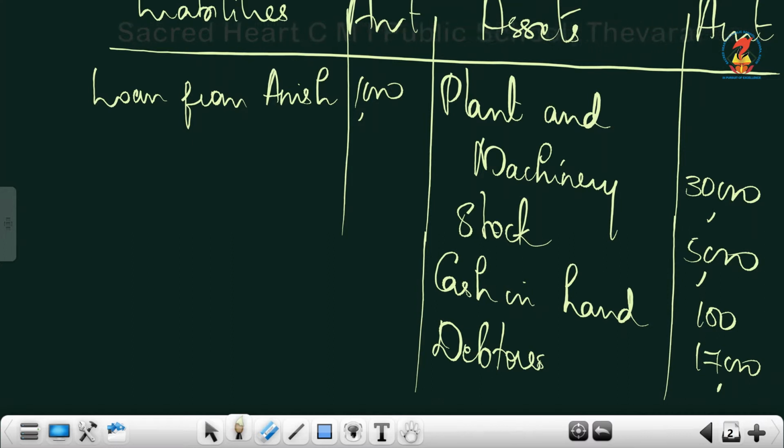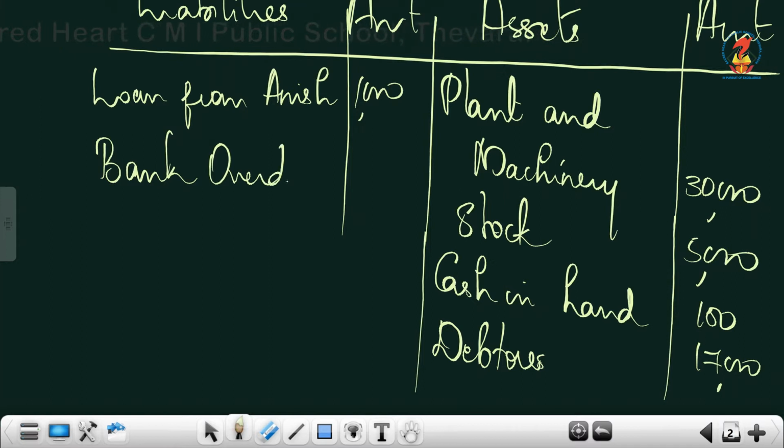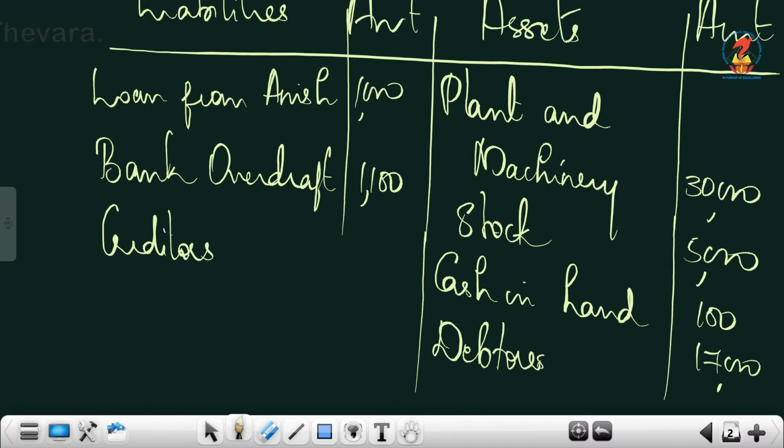Then we have bank overdraft 1,100. Creditors 12,120. Okay, so we've finished the opening statement of affairs.